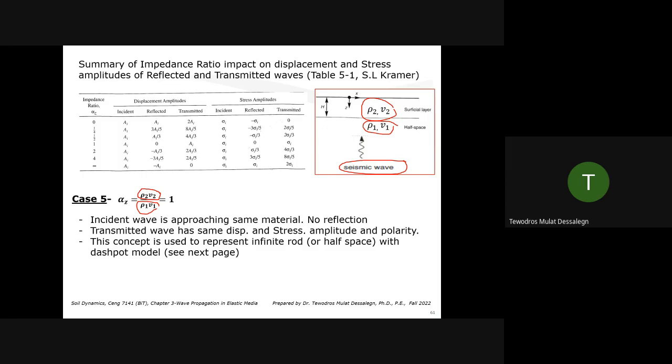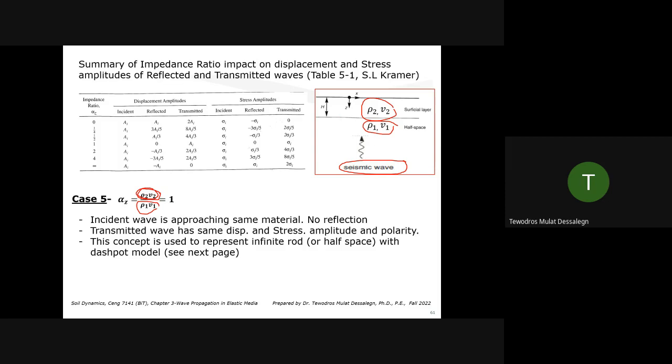You can have density 2 different from density 1, V2 different from V1. But if the product of density 2 times V2 is the same as density 1 times V1, it's like a uniform material for the seismic wave. Normally, we don't call it the same material. We still do stratification as geotechnical engineers.